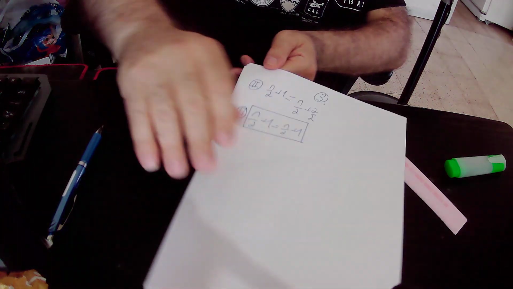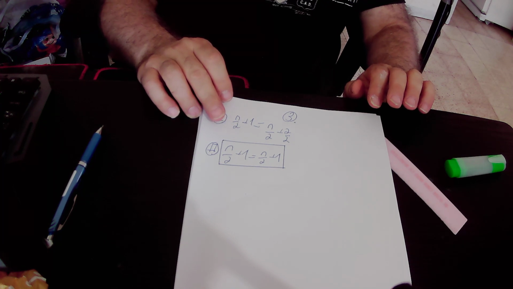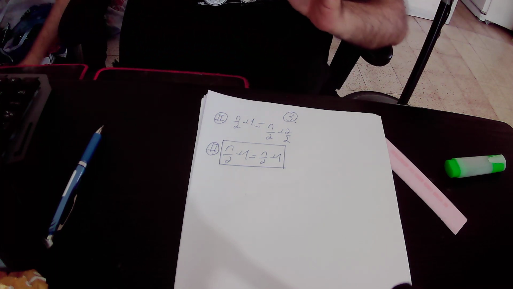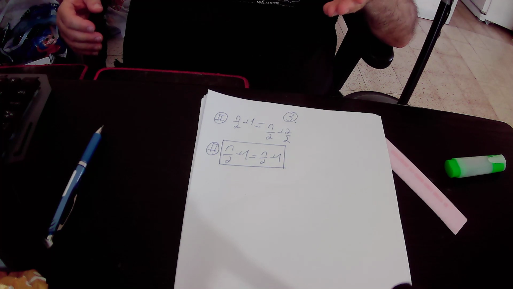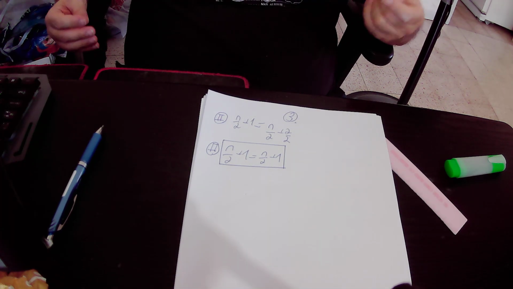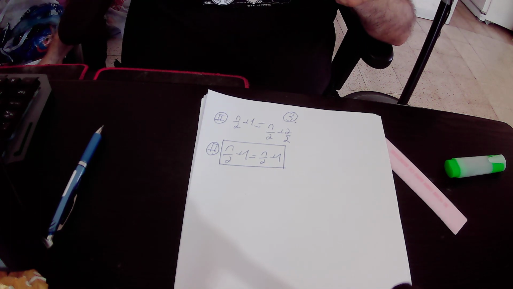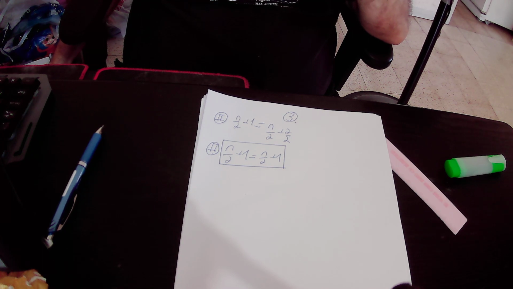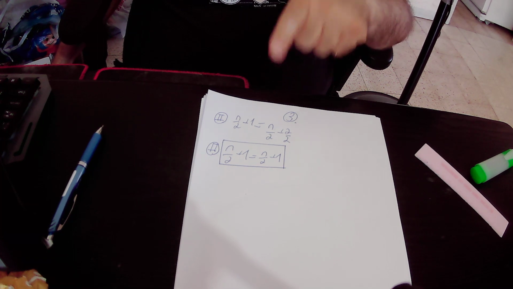So we got an identity, n divided by 2 plus 1 equals n divided by 2 plus 1. So we actually proved that the second expression for n plus 1 is true, or in other words, we proved that if we assume that our statement is true for n, then it must be true also for n plus 1.